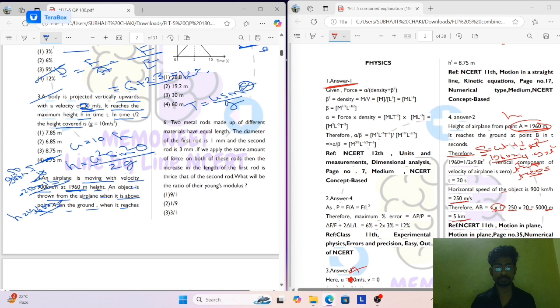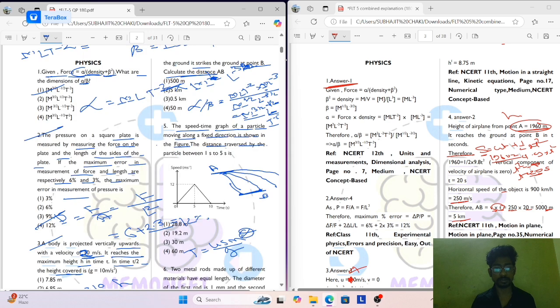The speed time graph of a particle moving along a fixed direction is shown in the figure. The distance traversed by the particle between 1 to 5 seconds. Okay, this is 0, this will be 1 to 5, right?